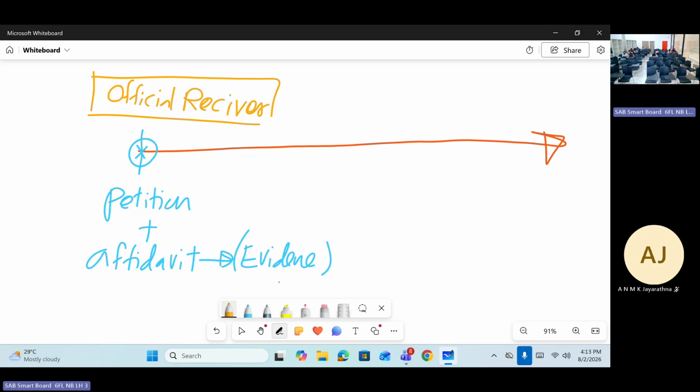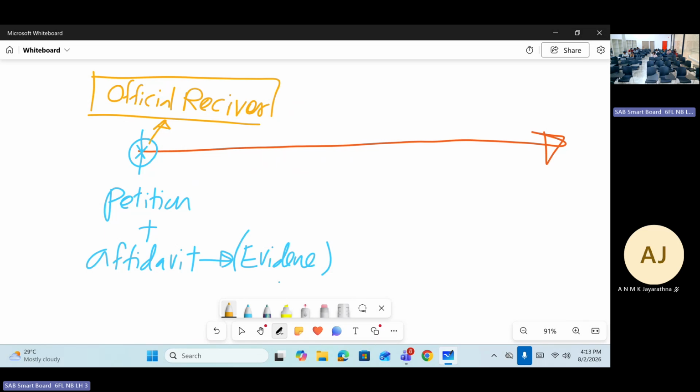Official receiver is appointed by the court. So this is the next step. After the filing of the petition to liquidate the company, the court will appoint an official receiver.